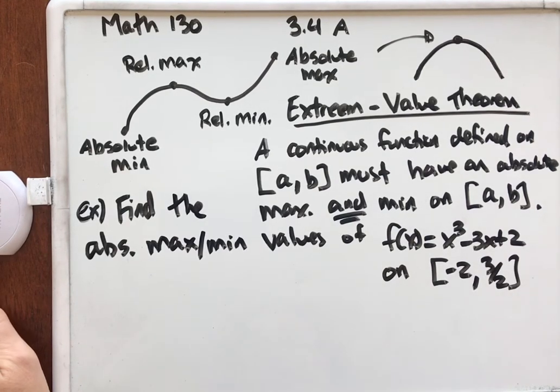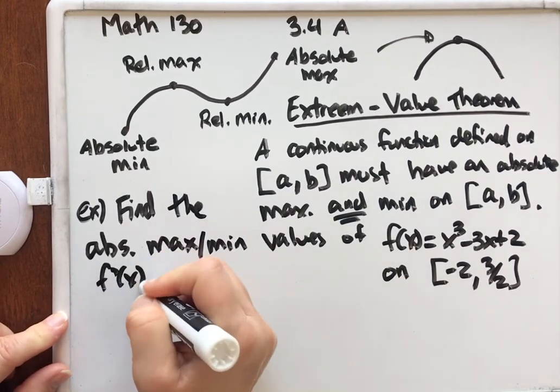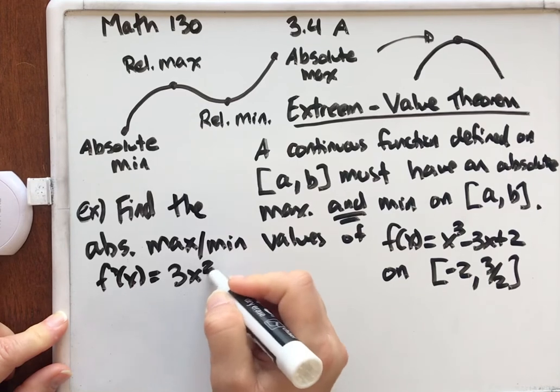Okay, so what we do first is we take the derivative. F prime of x equals 3x squared minus 3.